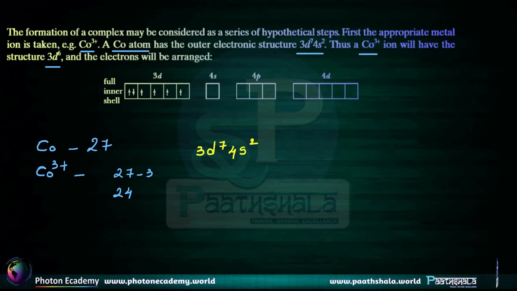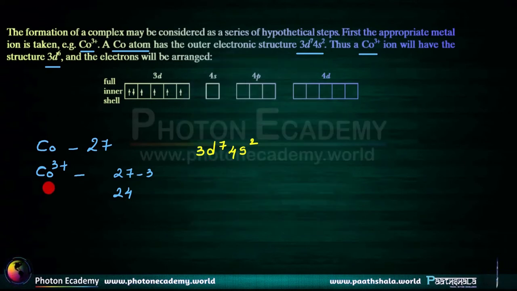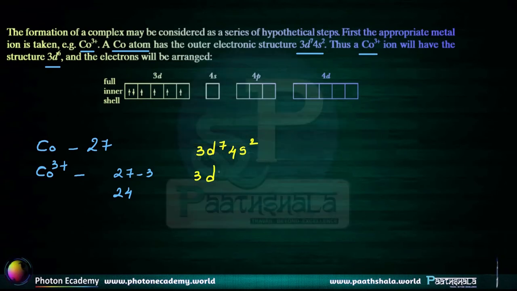We can clearly see that there are 2 electrons in the 4s orbital and then there are 7 electrons in the 3d orbital. Now if we have to remove 3 electrons in order to represent the outer shell configuration of cobalt 3 plus ion, 2 electrons are removed from the 4s orbital and 1 electron is removed from the 3d orbital. So we will have 3d6 as our outer shell configuration of cobalt 3 plus ion.